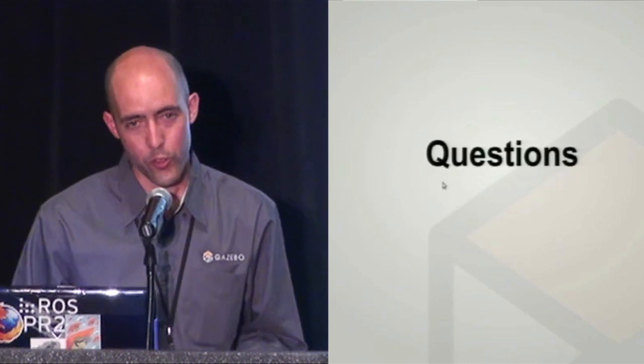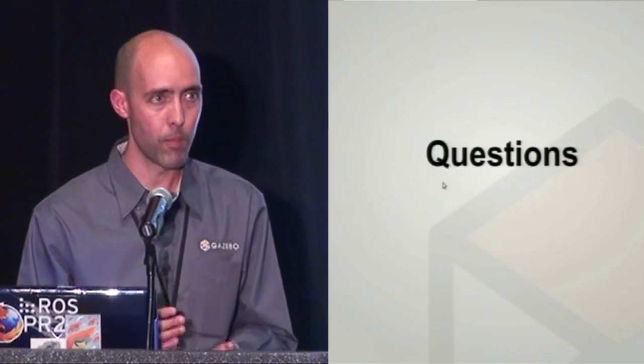So any support for distributed simulation? That's a great question. So distributing the physics engine is somewhat complicated, and you could think of it in terms of breaking it apart in a few different ways. You can either distribute, say, the models at different machines, or you can segment the world into different locations.